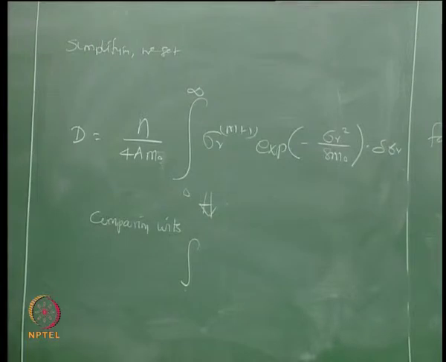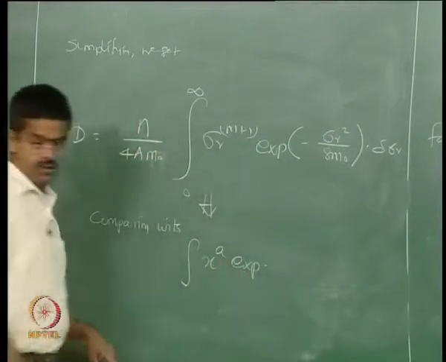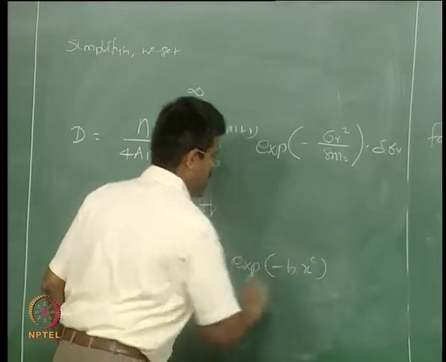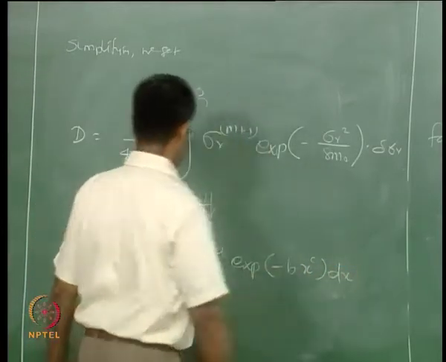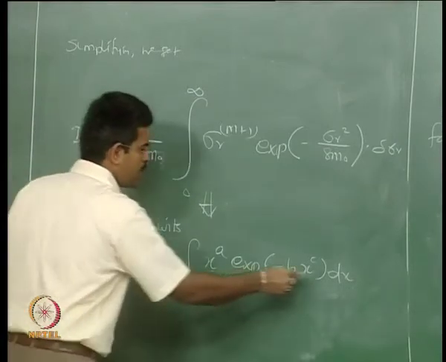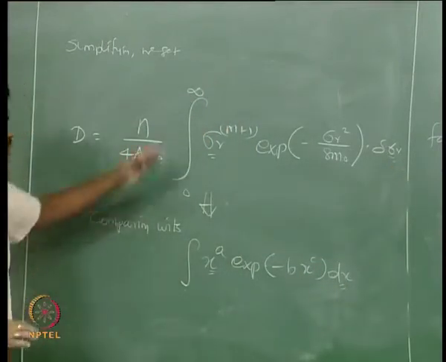Is that okay? Now I compare this with the existing expression x power a exponential of minus b x power c, dx. The argument is, if it is x power a it is dx, if it is sigma r it is d sigma r. The argument is similar, I can compare these two.